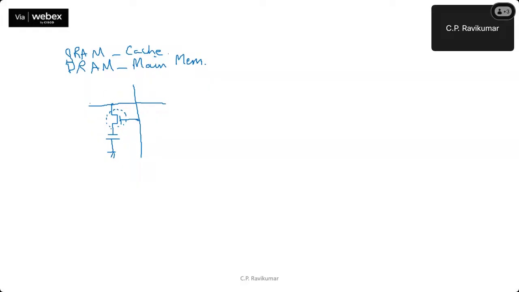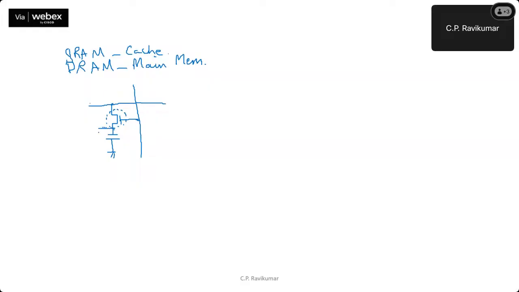But there will always be a scope for some leakage, right? Even though we say that this capacitance is charged, and if this transistor turns off there is no path for leakage, there is always a possibility of leakage, very slowly.